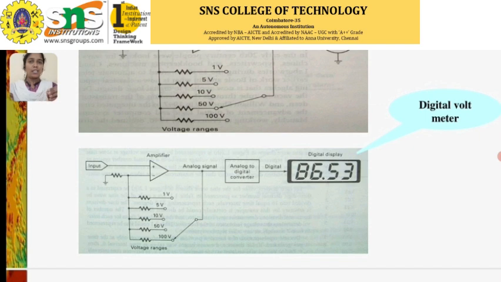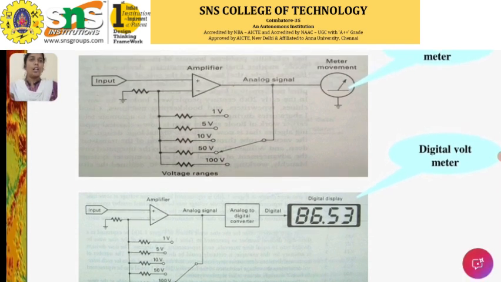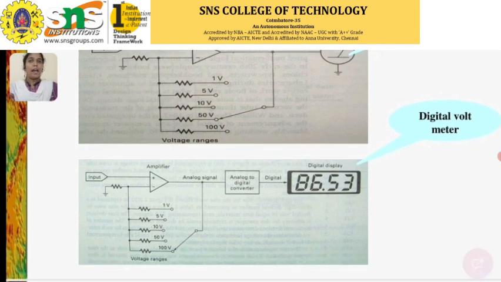The key difference between the analog voltmeter and digital voltmeter is that the analog voltmeter provides a visual continuous indication but is less accurate and harder to read precisely.